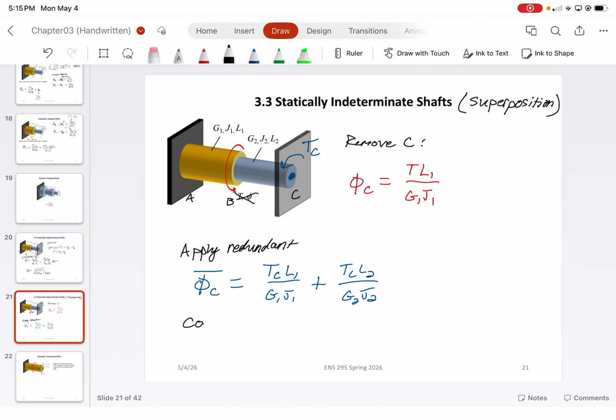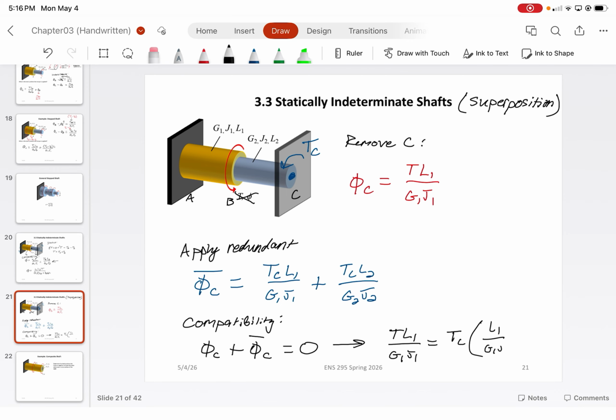So our compatibility equation would tell us that phi C plus phi bar C has to equal 0, which then tells us that T L1 over G1 J1 is equal to TC times L1 over G1 J1 plus L2 over G2 J2, and that would obviously be a negative torque.